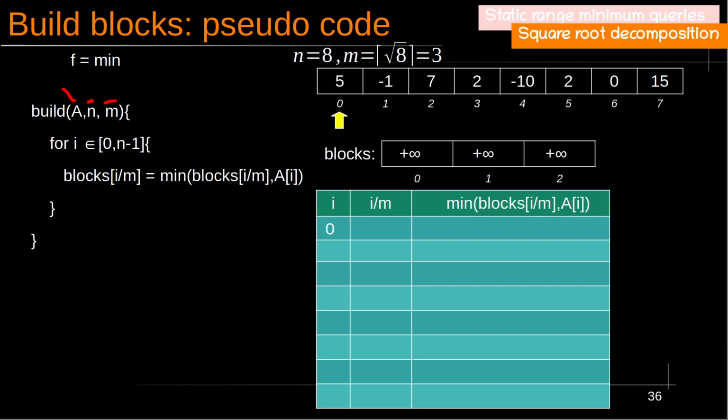Let's take this example. If I start from index 0, I is 0, this formula gives me the index of the array blocks, in which block I will store the minimum.